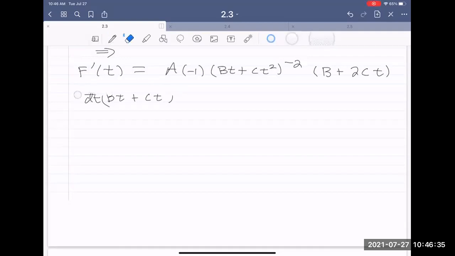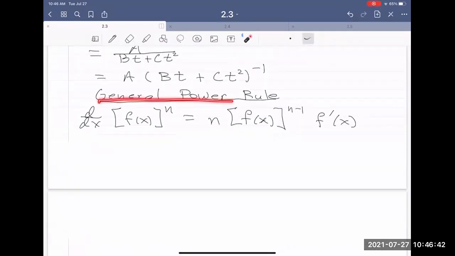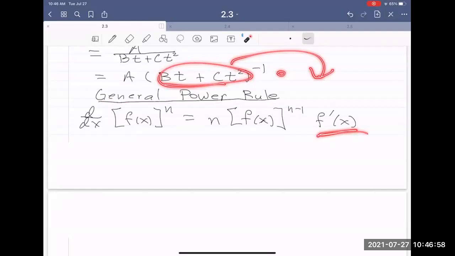What was the reason for you to also differentiate what was inside? That's what's called the general power rule. Got it. So the general power rule is that you basically take the derivative of what's inside, evaluate at what's inside, and then multiply by the derivative of what's inside. Got it. And that's called the general power rule.